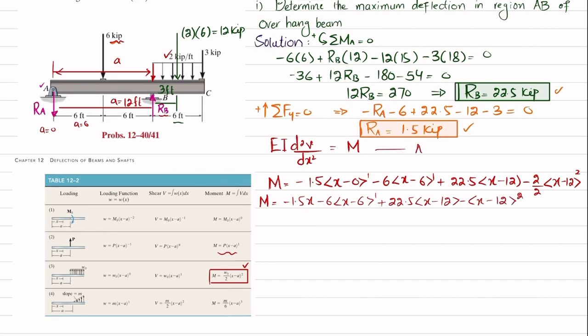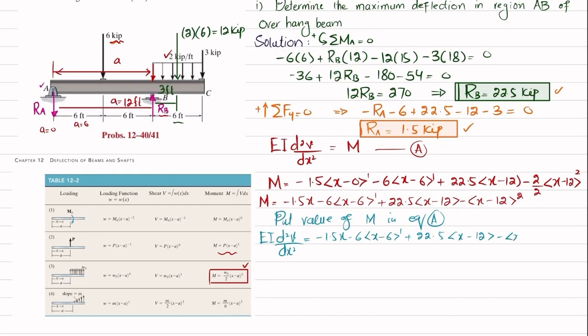Now this is your equation number A. What we will do is put the value of M in equation A. So you will get EI into d square V over dx square equal to minus 1.5x minus 6 into x minus 6 power 1 plus 22.5 into x minus 12 minus x minus 12 power 2.